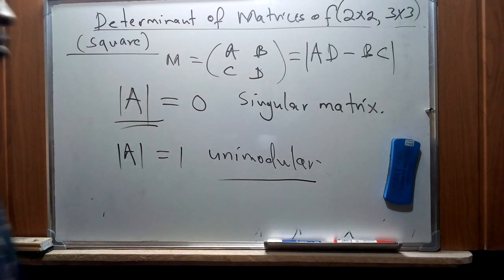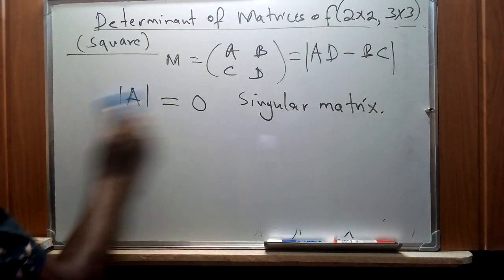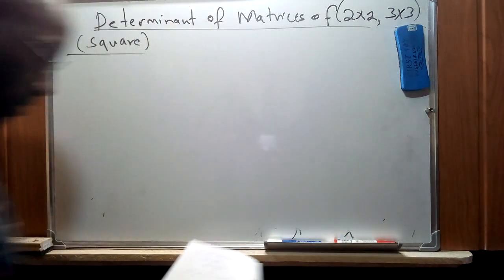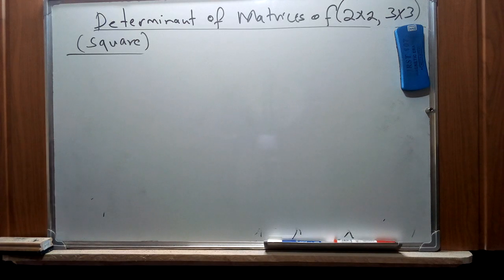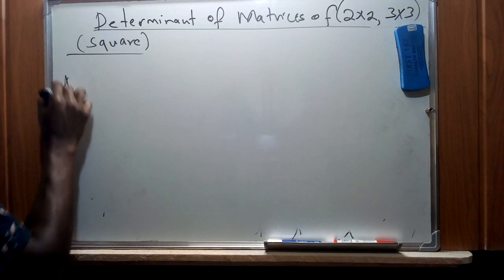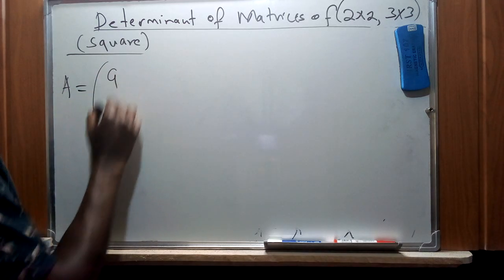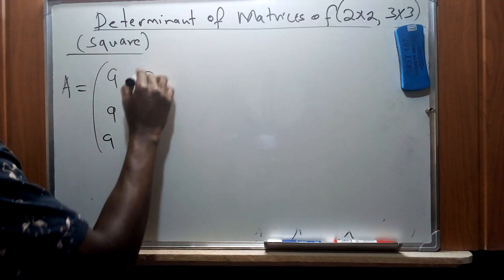So suppose we have a 3 by 3 matrix, then how can we determine its determinant? Let's give a general example for a 3 by 3 matrix. Suppose our matrix A is given as follows.